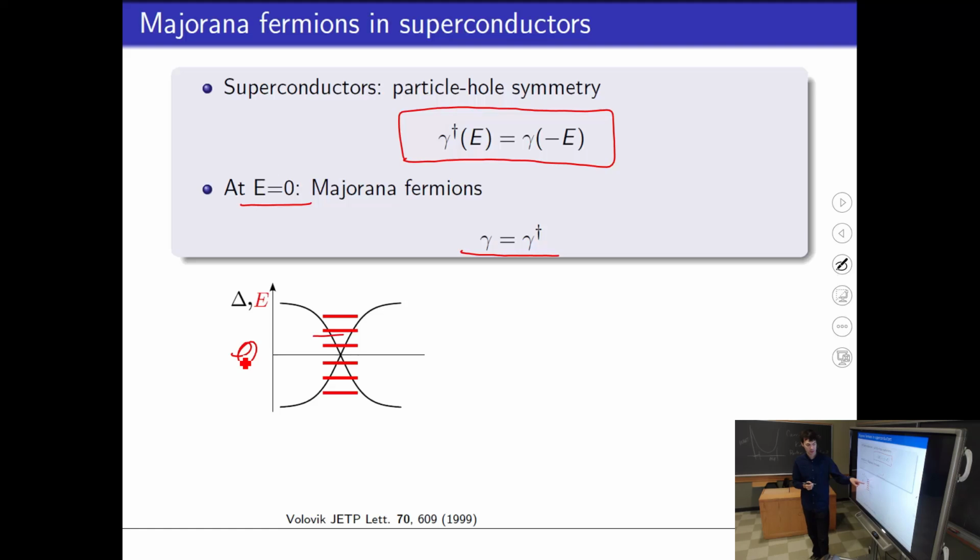However, you can see there is no level at zero, and this is for a very fundamental reason. It's like in any particle in a box problem, right? You never have an energy level at zero energy because of quantum fluctuations, because of zero-point motion. It's like in a harmonic oscillator, for example, right?